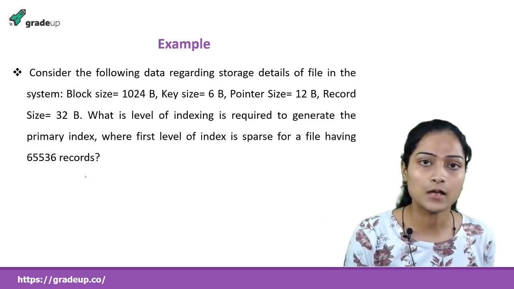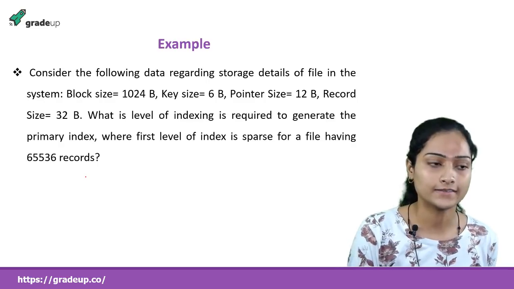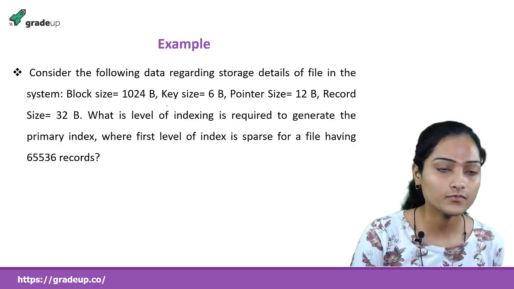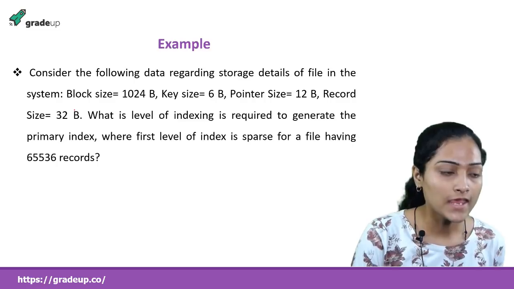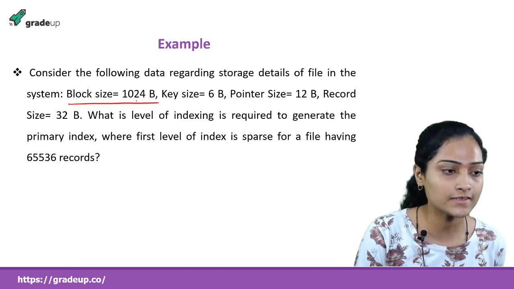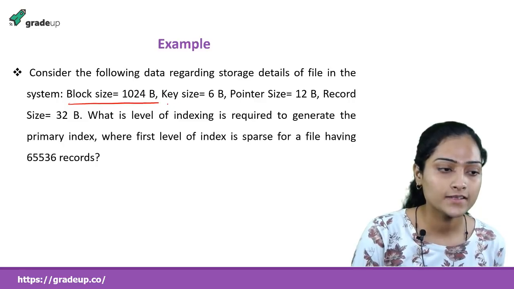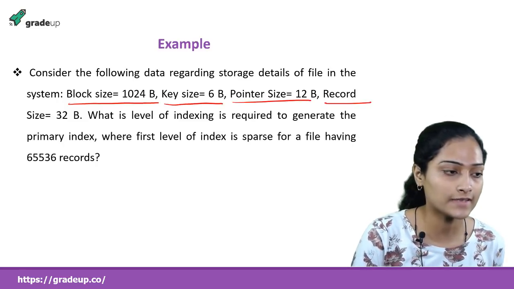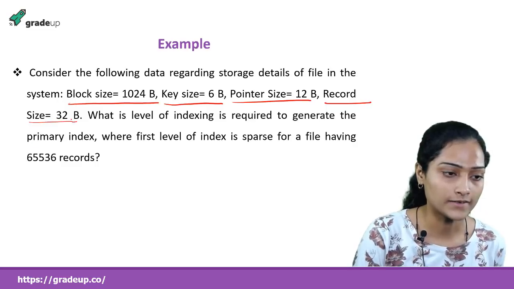Let us discuss an example on indexing. Consider the following data regarding storage details of a file in the system. Here we are provided with some data. Block size is 1024 bytes, key size is 6 bytes, pointer size is 12 bytes and record size is 32 bytes.